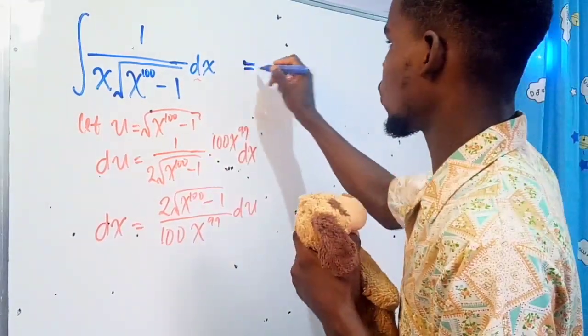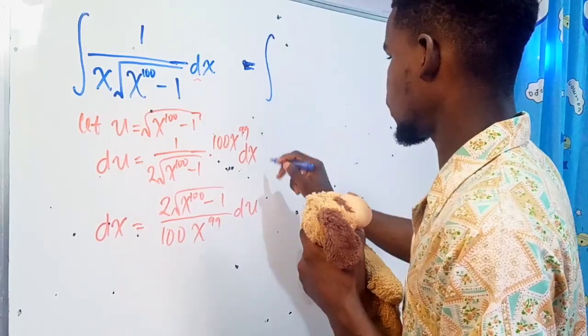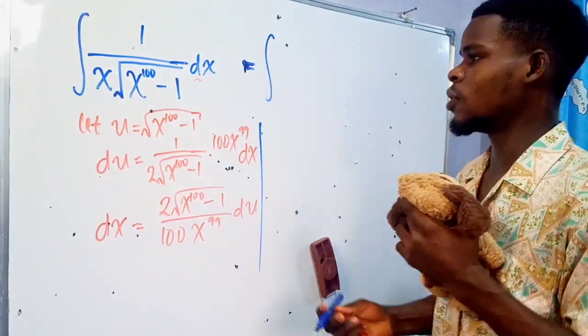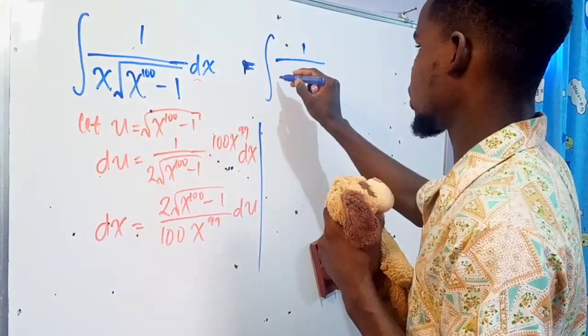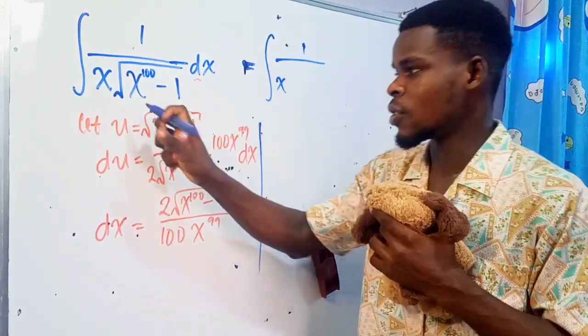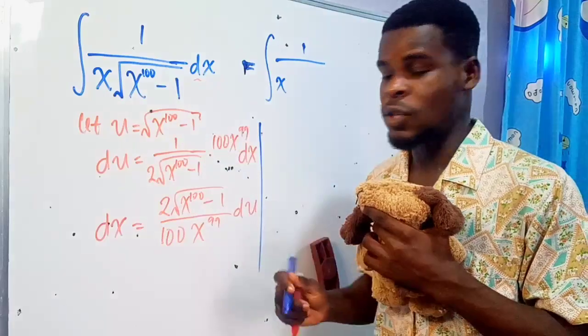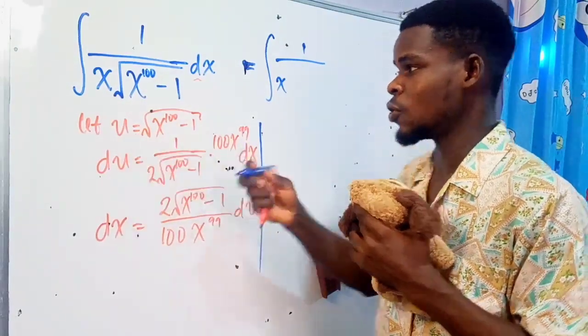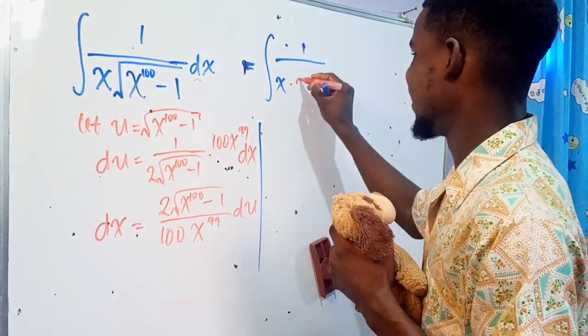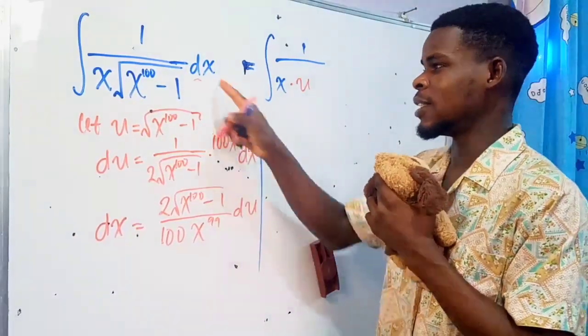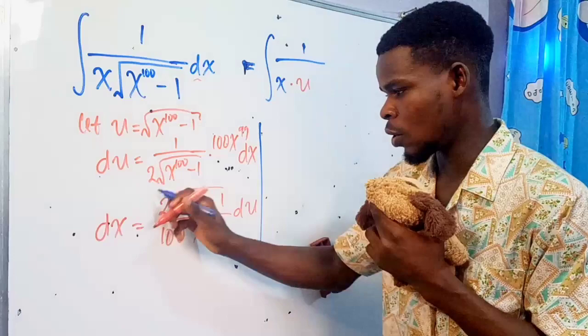So this is going to be equal to the integral of, well, at the top we just have 1. Now this is x, let's just keep it there. Now this is the square root of x raised to the power of 100 minus 1, we call that u, right? Great. Now in place of dx we're going to put in the whole of this.